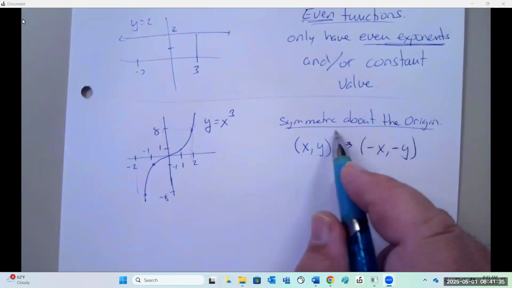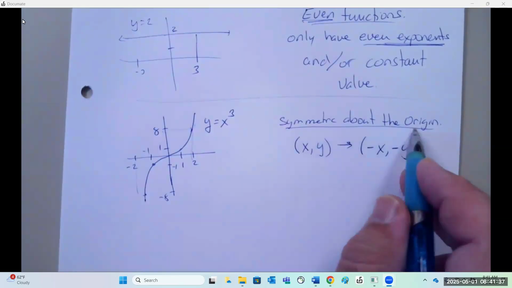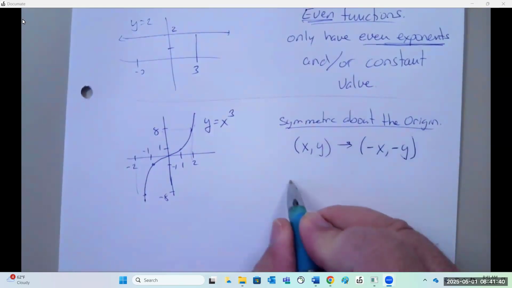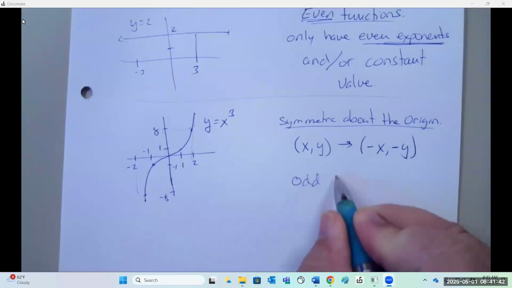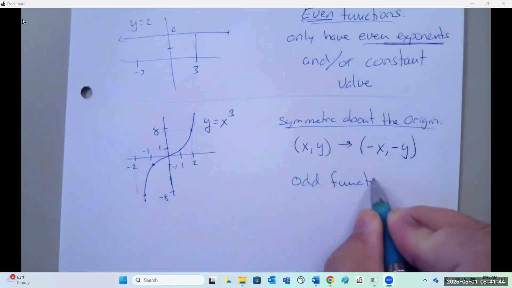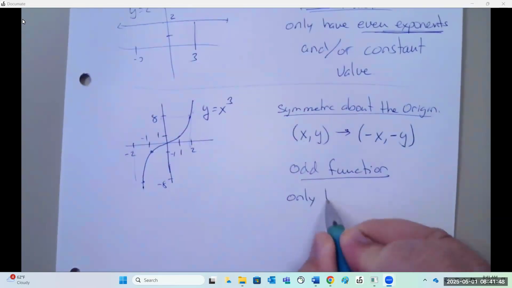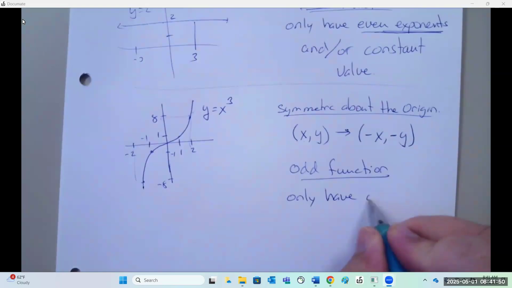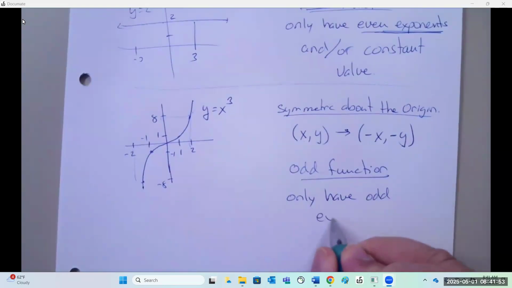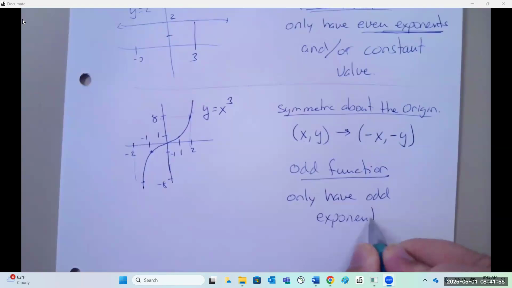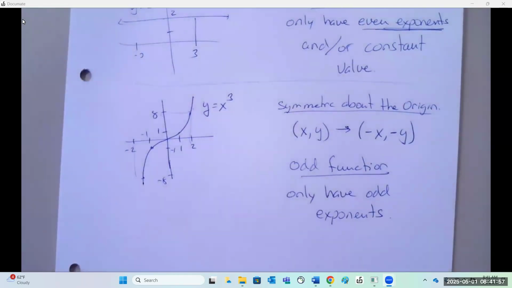So an equation that is symmetric about the origin is called an odd function. They only have odd exponents. Nothing else.